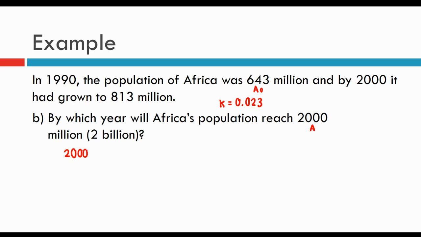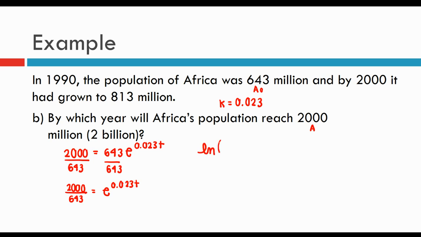So we're going to have our 2,000 here. We'll still have our initial amount. Now I have my k value, but I don't know what t is. I'm trying to figure that out. So just like all of our other examples, I'm going to start isolating that base by itself first. I'm not going to divide this quite yet. I know that to start then solving for the variable that's in my exponent, I have to get rid of the base.